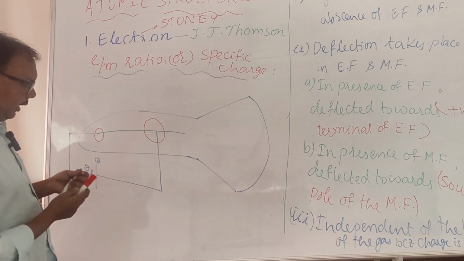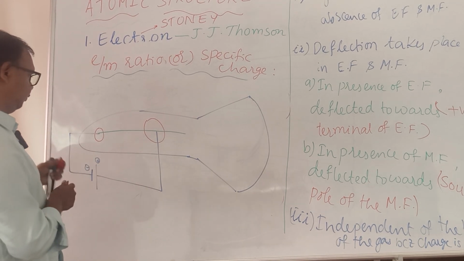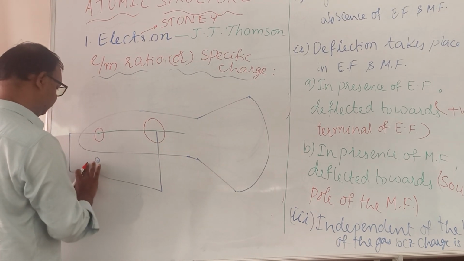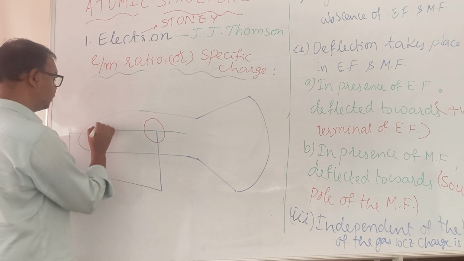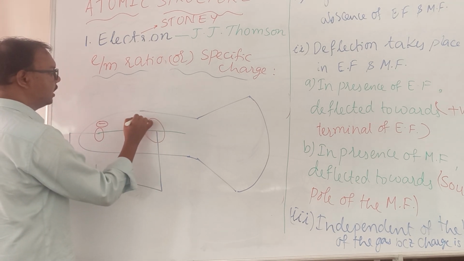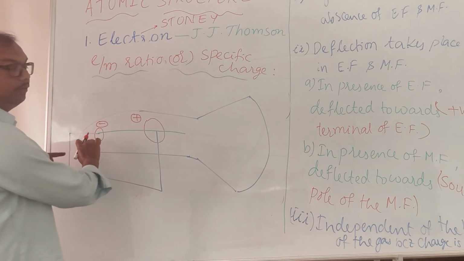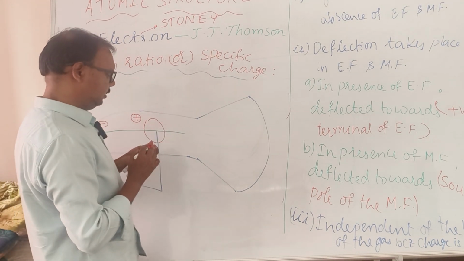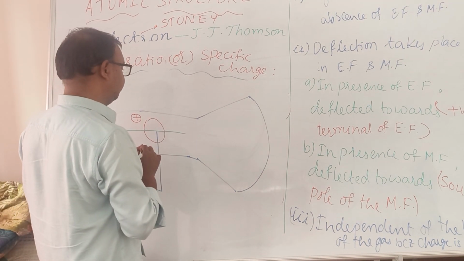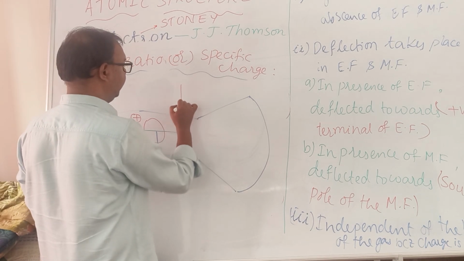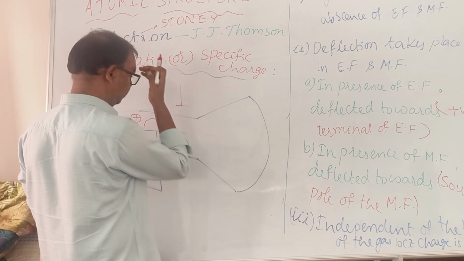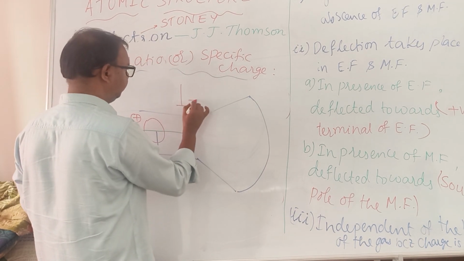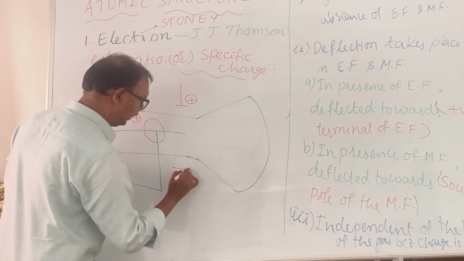But when you apply the electric field, this is cathode and this is anode. They travel from cathode to anode. This is the positive terminal of the electric field, and this is the negative terminal.